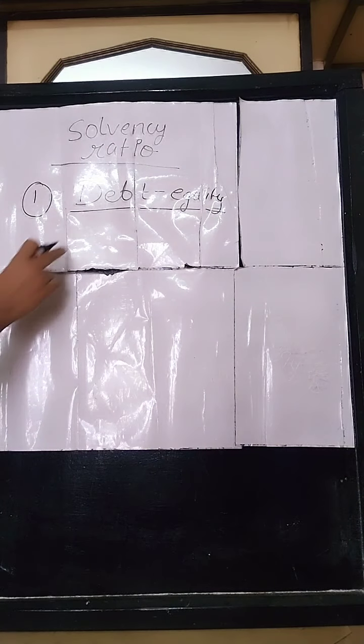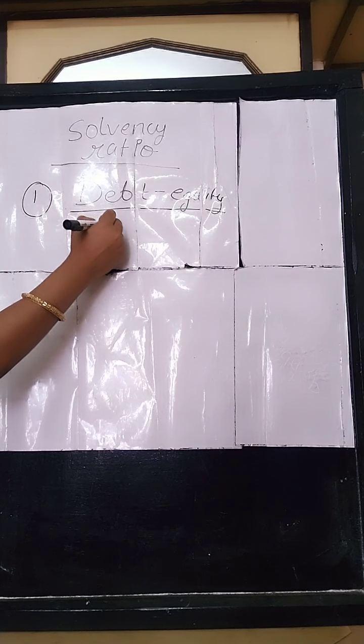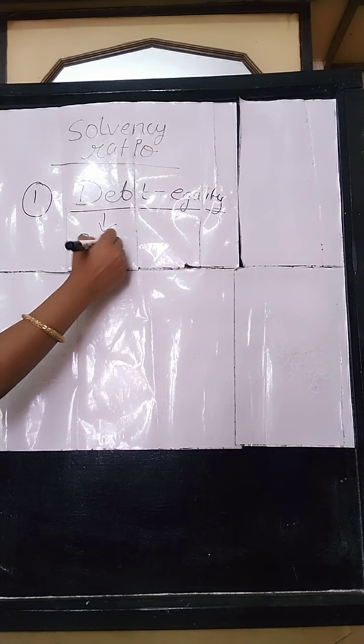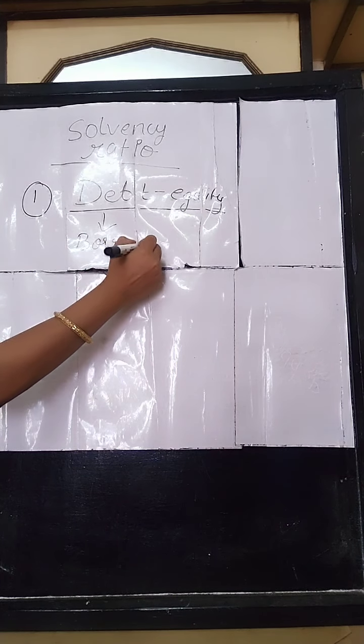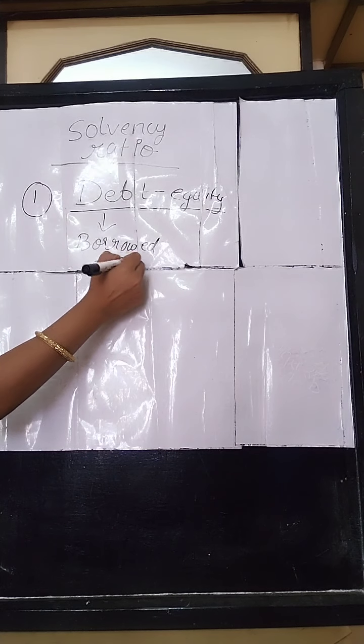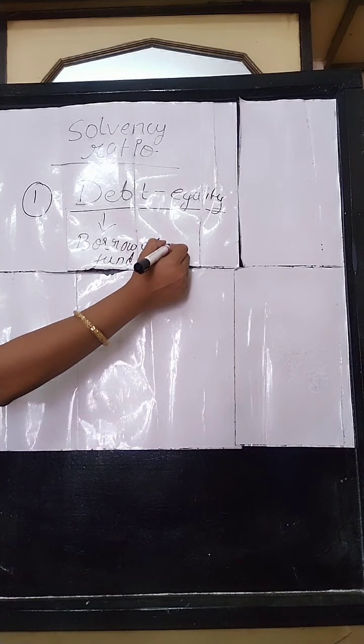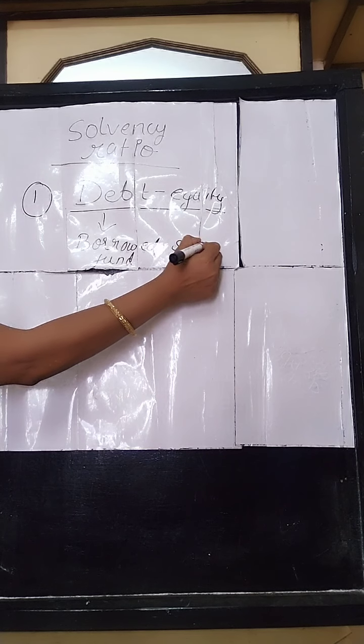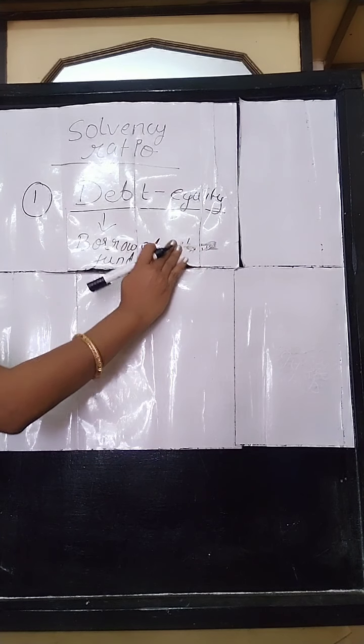So debt equity ratio indicates the ratio of the debt capital and the equity capital. Debt capital means the borrowed capital, the borrowed fund, and equity capital means the shareholders fund, the owner's fund.